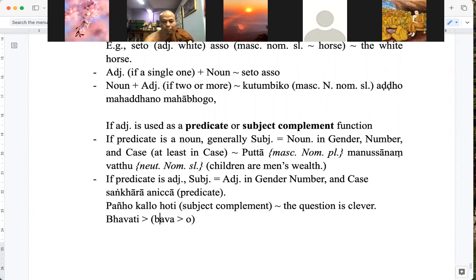And also in bha, the b is silent, so only ha remains. In this way, we have the hoti form, the contracted form. Yeah, I see. So in fact, hoti is coming from bhavati. It's not another word. Exactly.